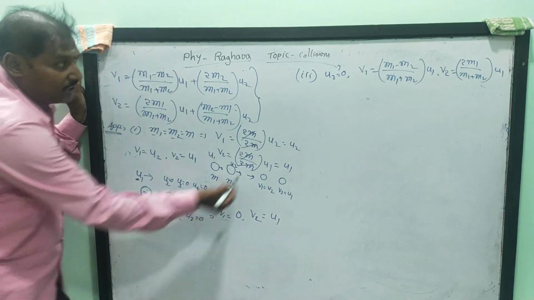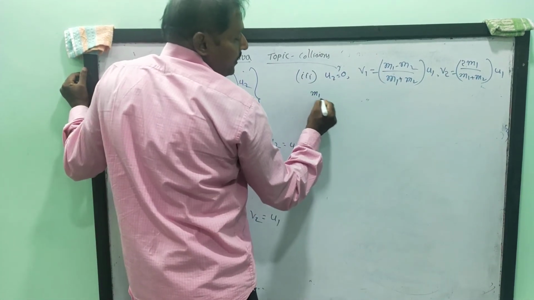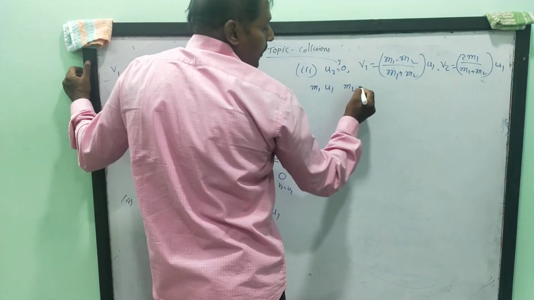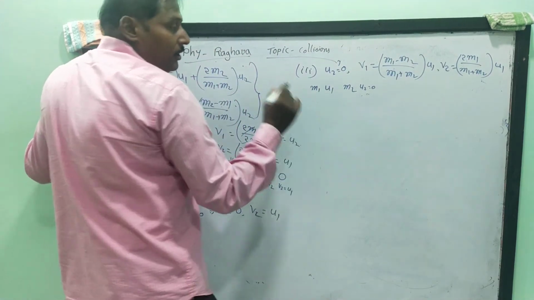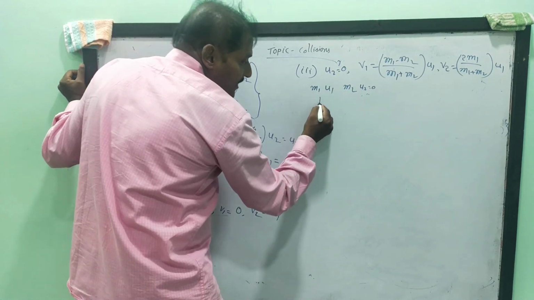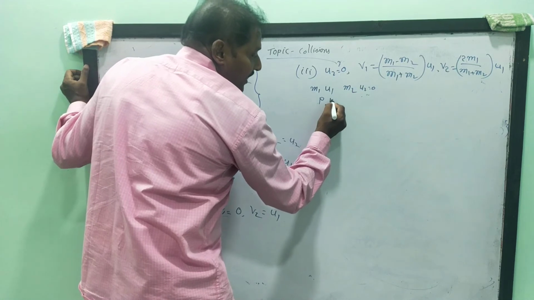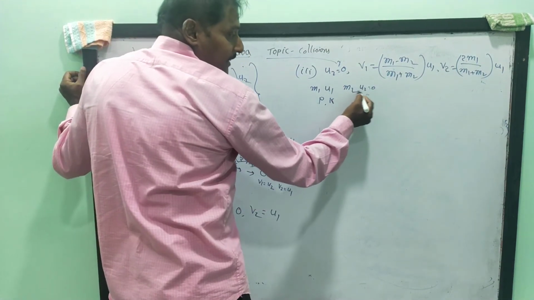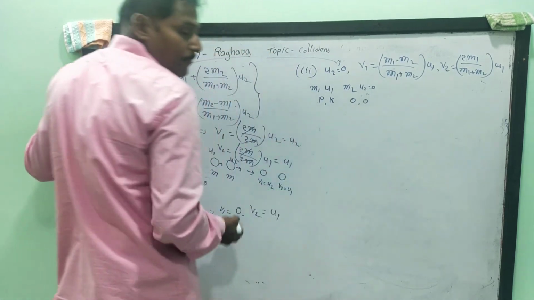From this expression, clearly u2 is equal to 0. The first body has mass m1 and velocity u1. The second body has mass m2 and velocity 0. Before collision, the momentum of the first body is taken as P and the kinetic energy is taken as K. The momentum of the second body is 0 and its kinetic energy is also 0.